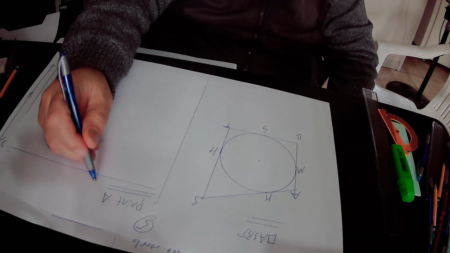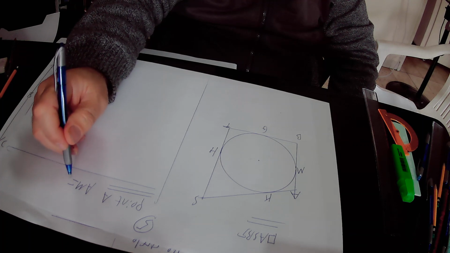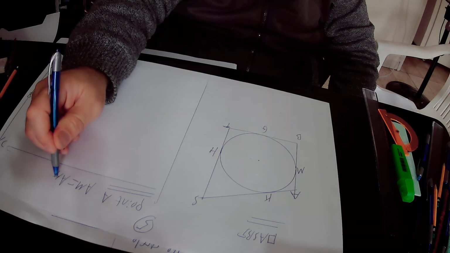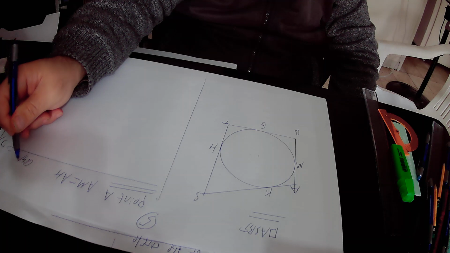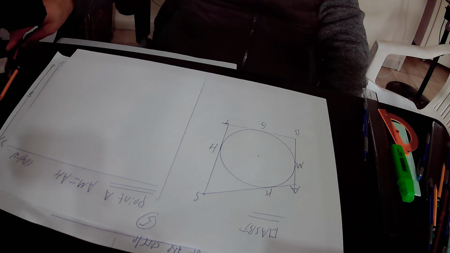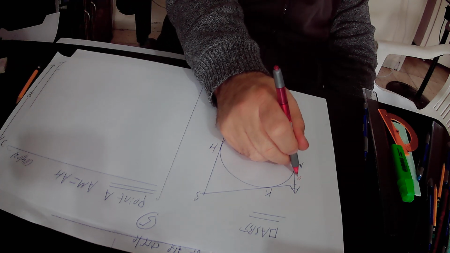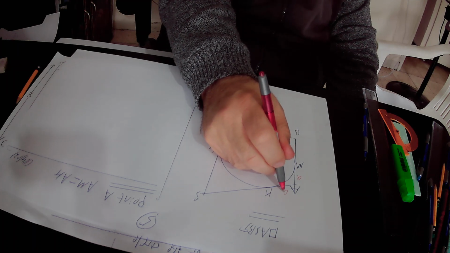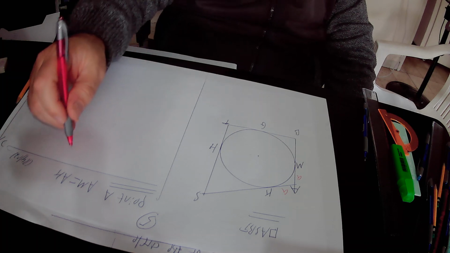So the length of tangent AM is equal to the length of tangent AK according to rule 2. So if we define the length of tangent AM as A, then the length of tangent AK must be also equal to A because they are equal to each other. In conclusion, we found out that AM equals AK equals A.